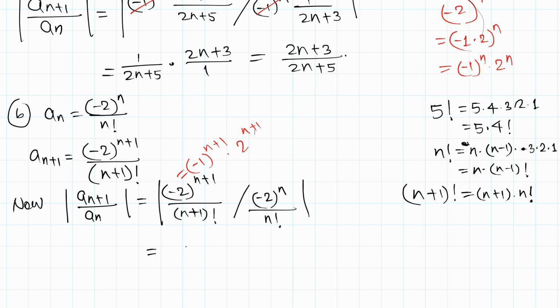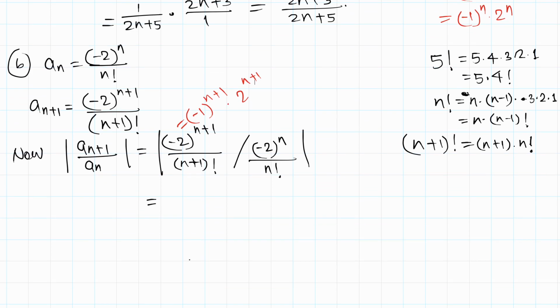Now we are not done with the absolute value, so I'm going to keep writing absolute value. This is negative 2 to the n plus 1, which is negative 1 raised to n plus 1. In fact, this becomes 1 when we take absolute value, times 2 raised to n plus 1 over n plus 1 factorial.